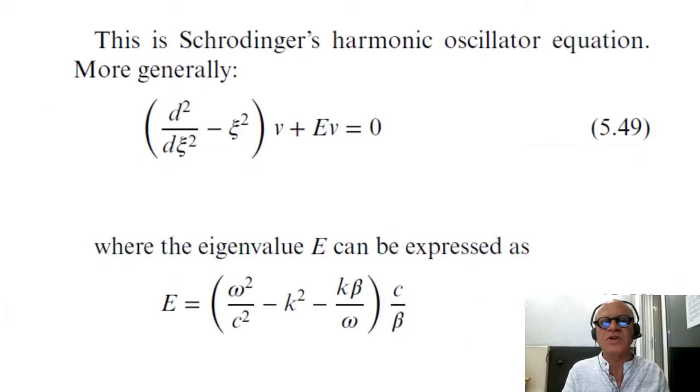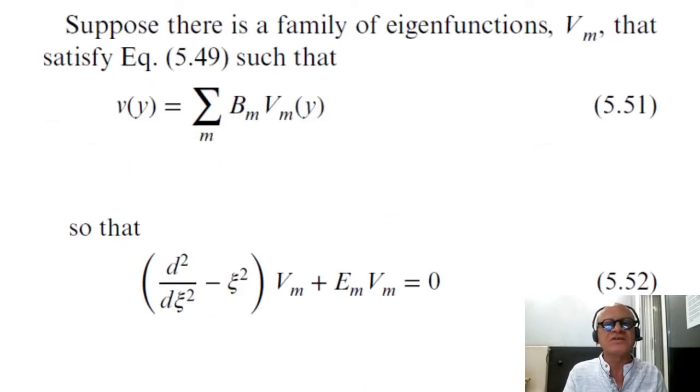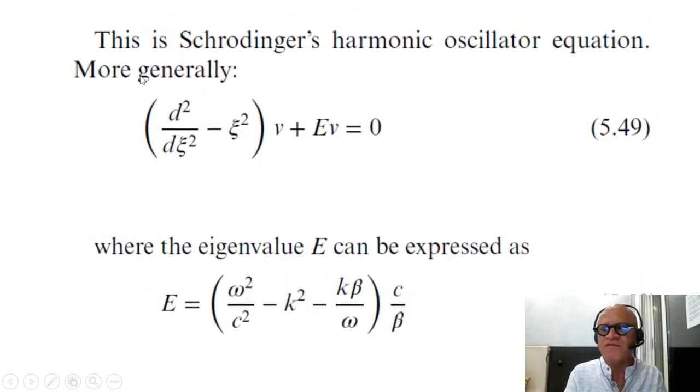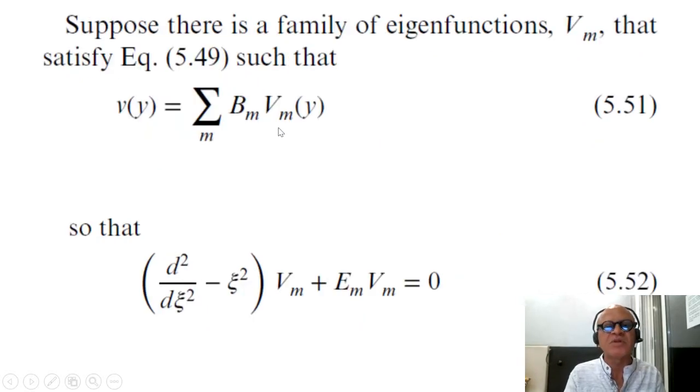What do we do with that? We can suppose that there is a family of eigenfunctions Vm, that's why I mentioned eigenvector and eigenfunction, that satisfy equation 5.549, this one. So V can be expressed in terms of a family of eigenfunctions, a sum over eigenfunctions m, with coefficient beta m Vm as a function of y.